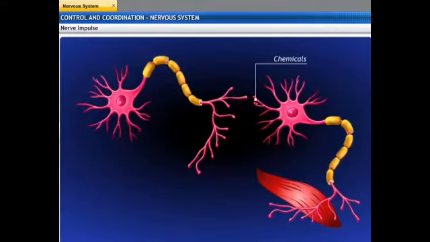But there are certain chemicals known as neurotransmitters which help in the transfer of the messages from one neuron to the other neurons. And then that information reaches the muscles and ultimately the neuromuscular function takes place. And this entire function, right from the dendron to the cyton and then to the axon, takes place in a well coordinated manner.